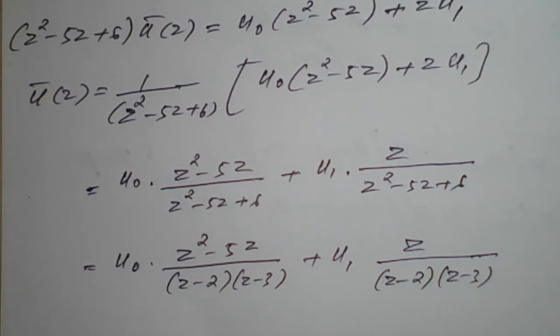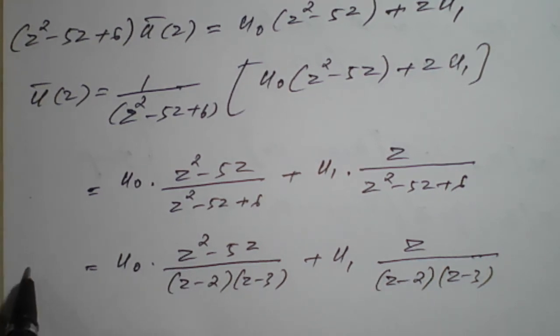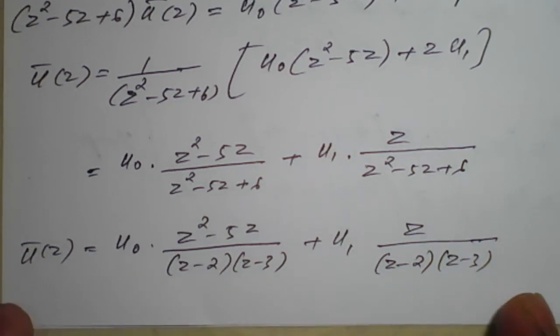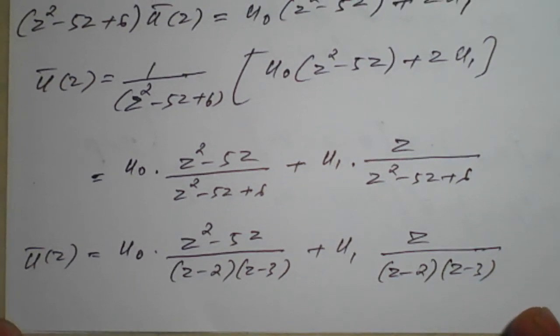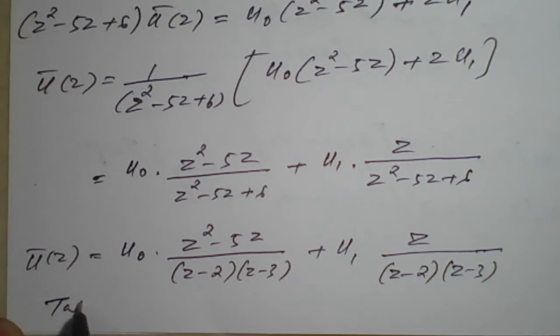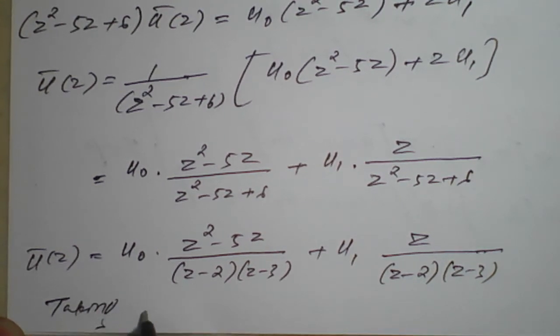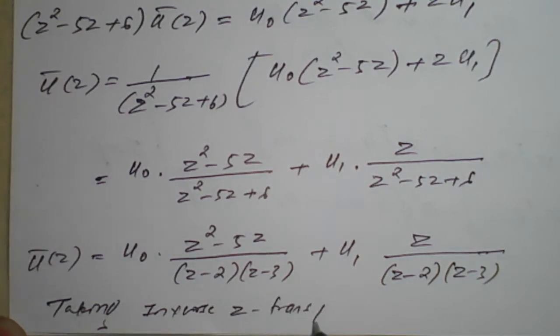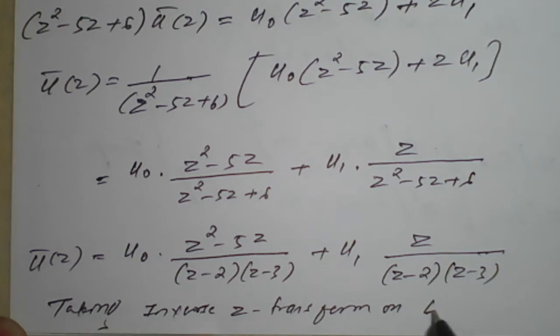So what we'll do here, u dash of z on the left hand side. So take z inverse on both sides. Once we got this step, we'll take the inverse z transform on both sides.